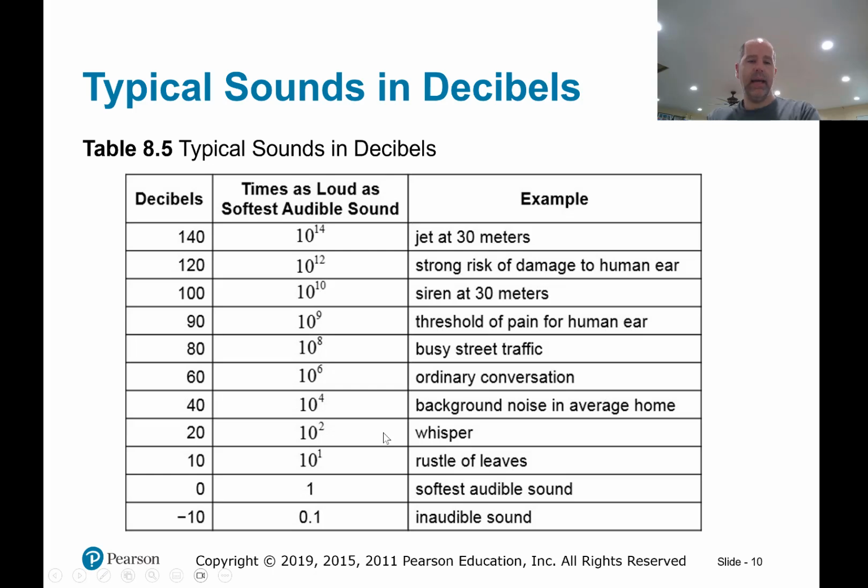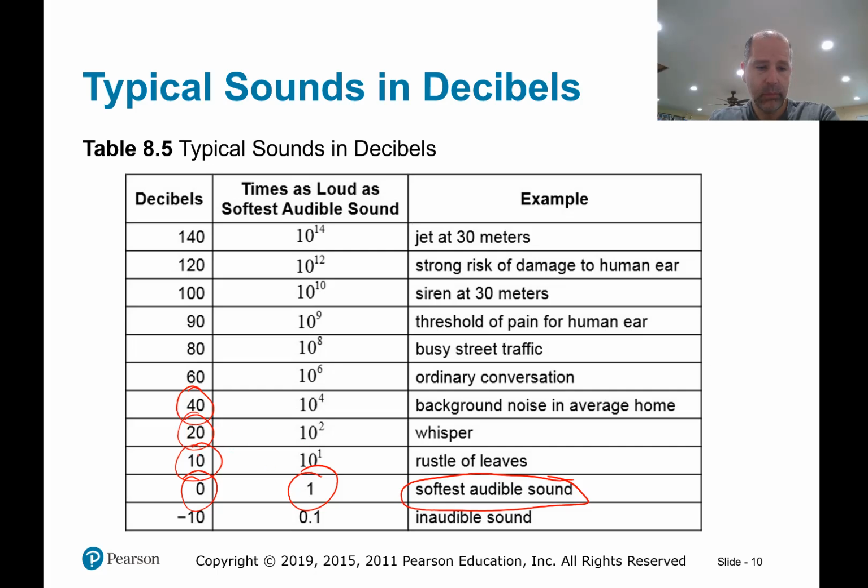So now here's a typical decibel scale. Notice that the softest audible sound has a decibel of 0, that's the baseline, and that's 10 to the 0 power, so that's 1. Each decibel level is equivalent to how loud it is compared to the softest audible sound.